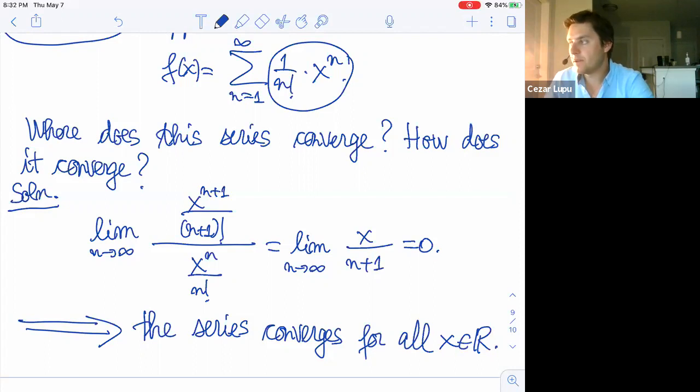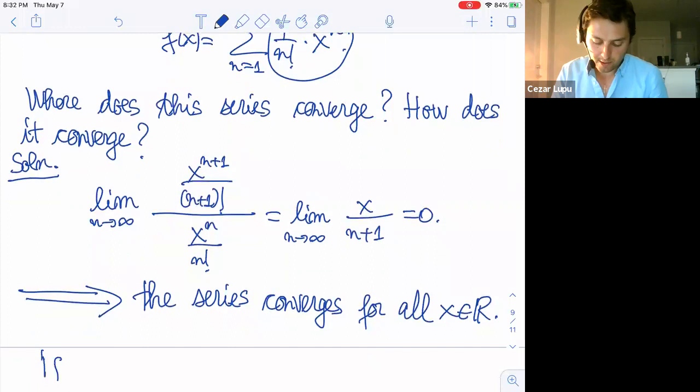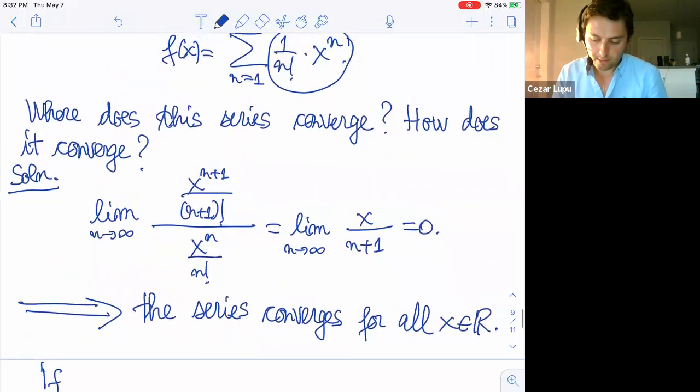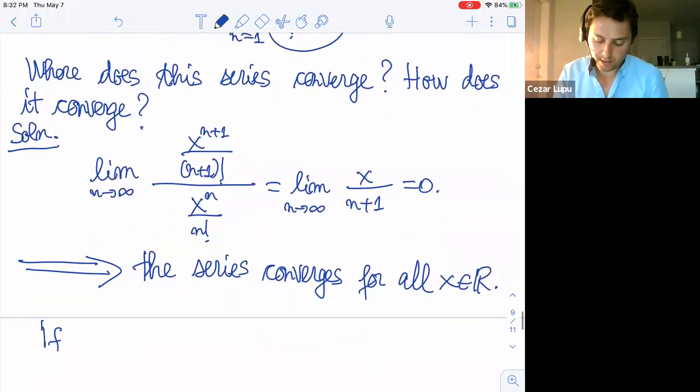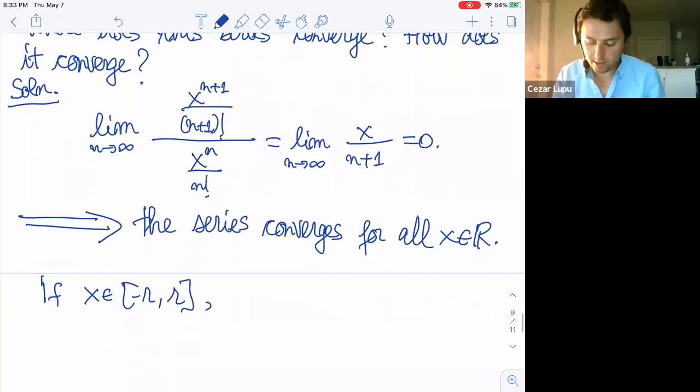Now the question is if the series converges uniformly. Suppose x is in a bounded interval, let's say negative R to R. This is quite easy to see.